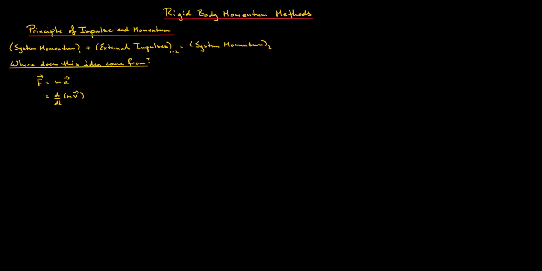Because we know that the time rate of change of the velocity vector is equal to the acceleration vector. And for a rigid body, we can take the mass out of the derivative, so we just end up with something of the form m dv by dt, which takes us back to our original form of Newton's second law.